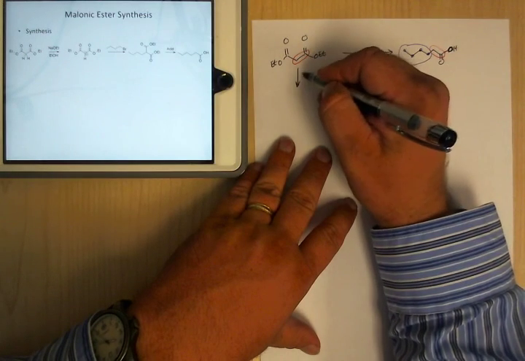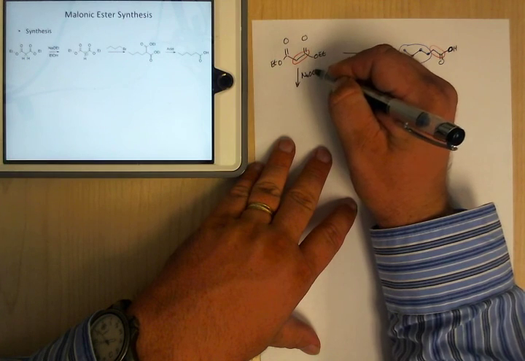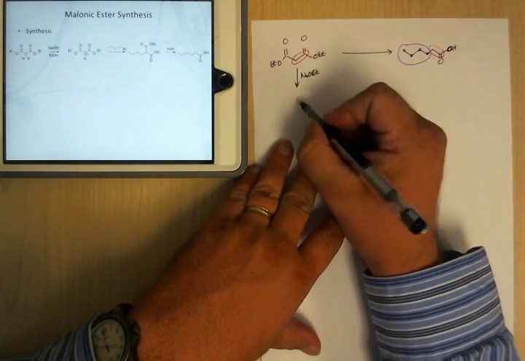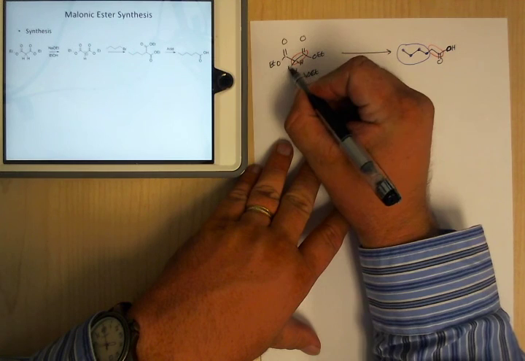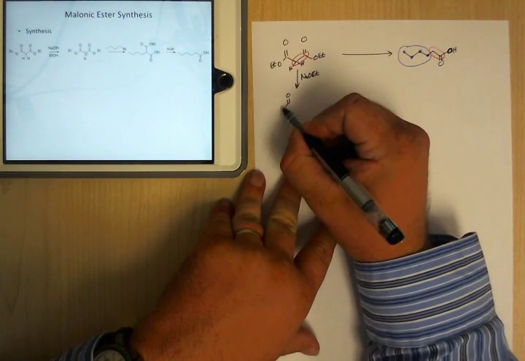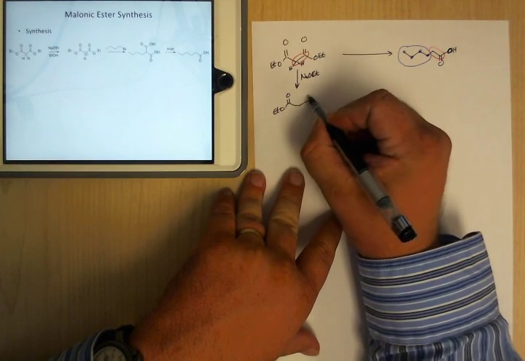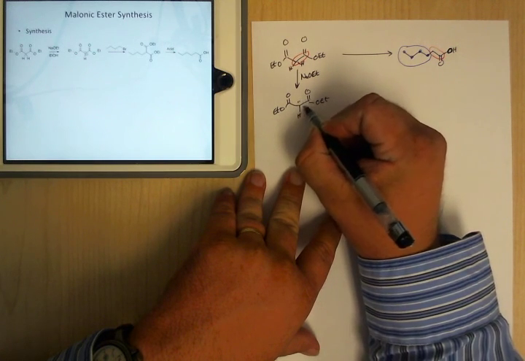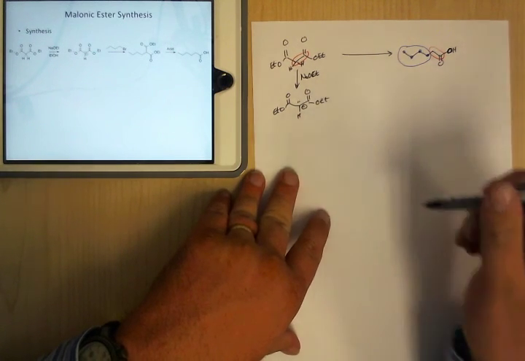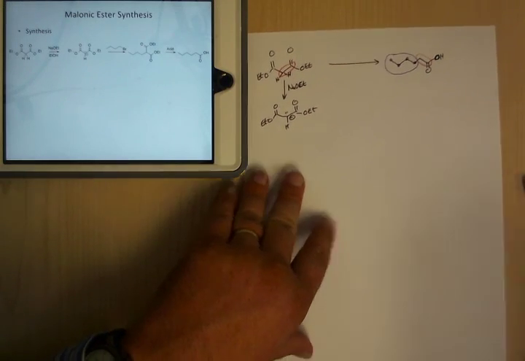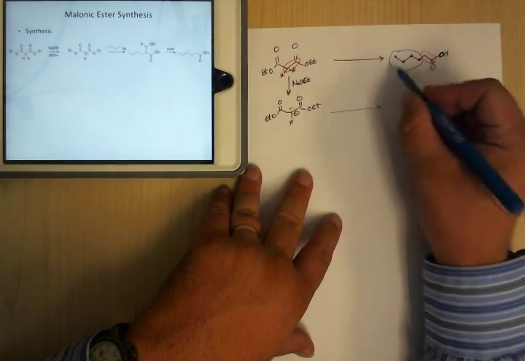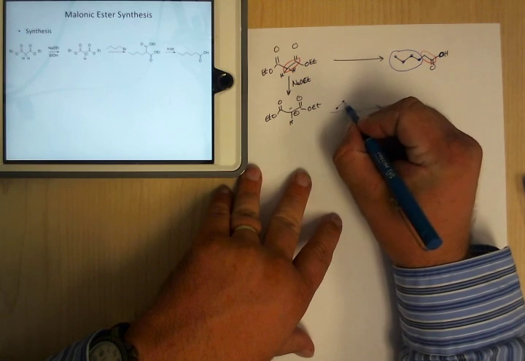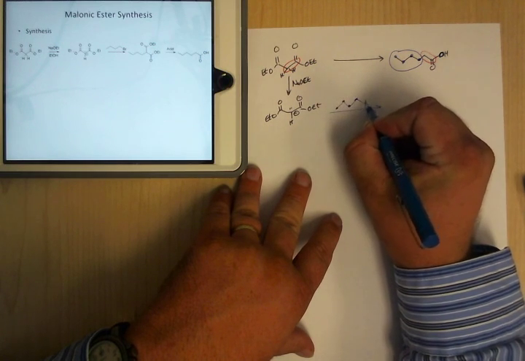You hit this with sodium ethoxide. That's going to rip off one of these hydrogens. Now you've got to add your 4 carbon piece, 1, 2, 3, 4, with bromine.